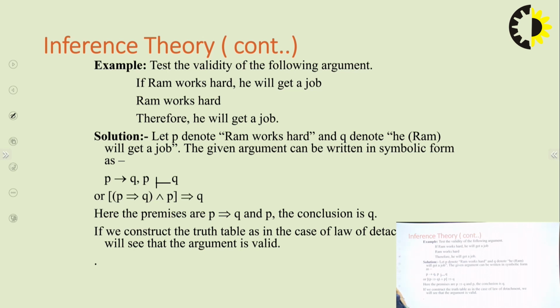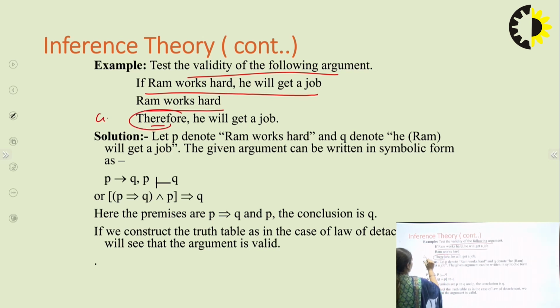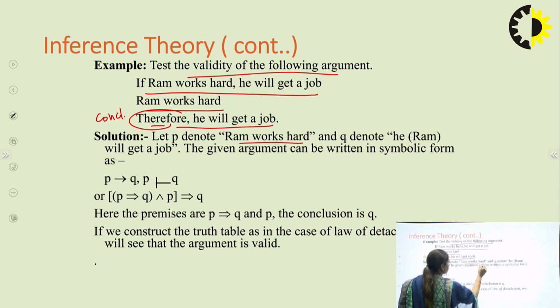Modus tollens, right? Test the validity of the following argument. If Ram works hard, he will get the job. Ram works hard. Therefore, he will get a job. Now, let P denote Ram works hard and Q denote Ram will get a job, right? The argument can be written in this form.